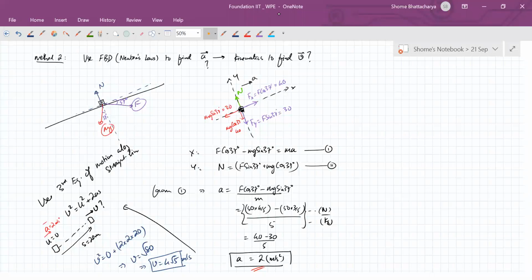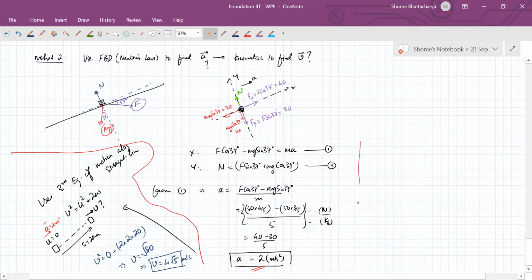Okay, so people, hope this is clear now. In this we are actually doing this first, and this is the second thing we are doing. So this is what we are solving first, and from this we are applying kinematics.